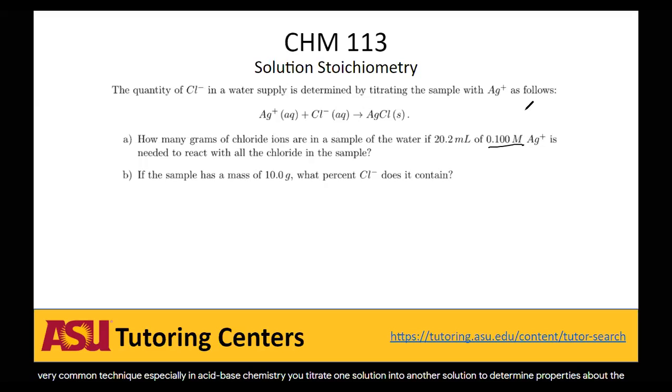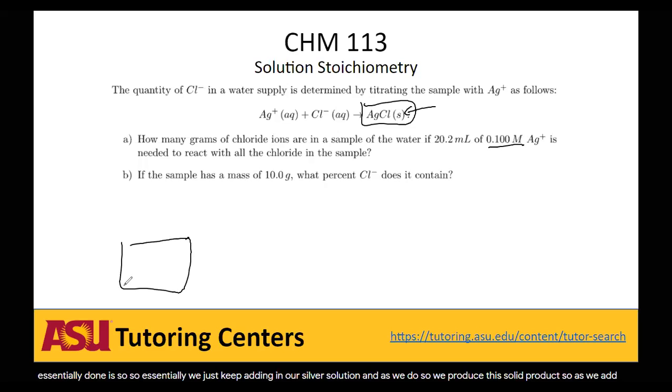It's pretty interesting. So the idea here is we are going to be adding 0.1 molar silver into our solution up until the point when our reaction is essentially done. So we keep adding in our silver solution, and as we do so, we produce this solid product. As we add silver, along the bottom of our beaker we start to get a little solid precipitating because the silver is reacting with the chlorine. If we keep doing this, more and more solid will be produced until we run out of chloride ions.